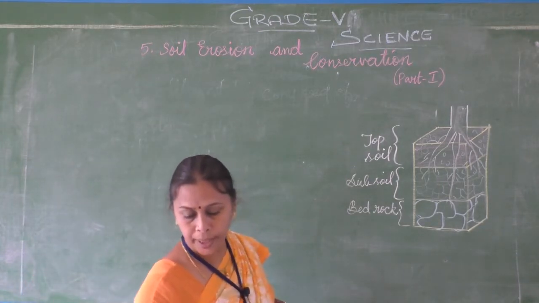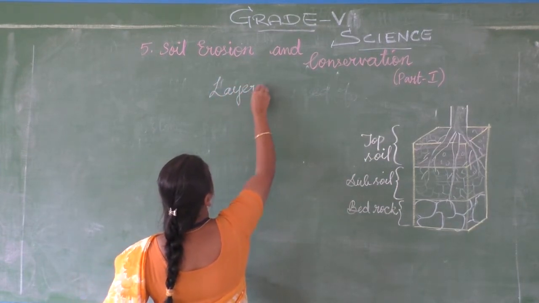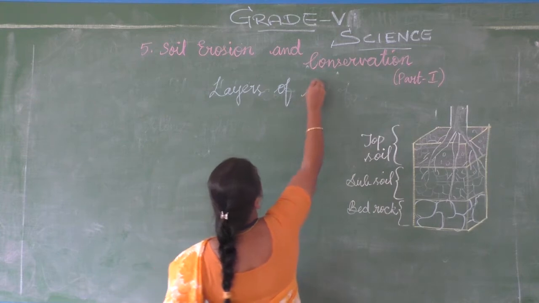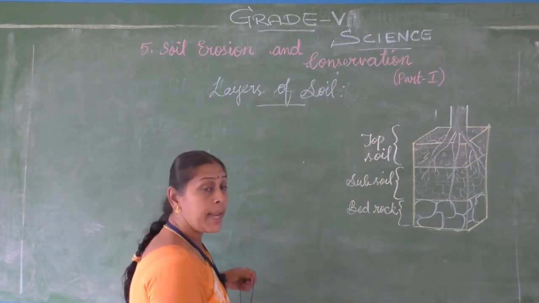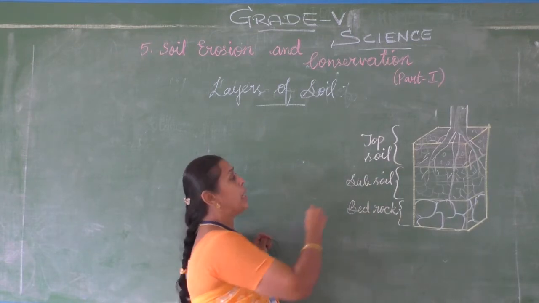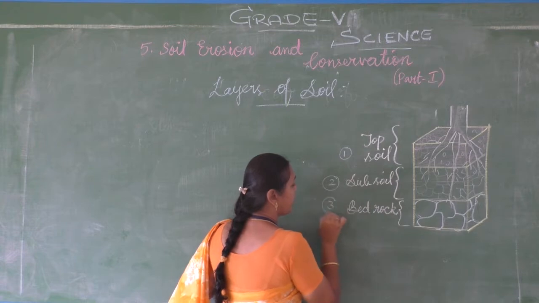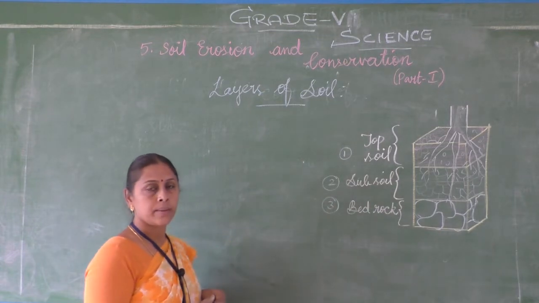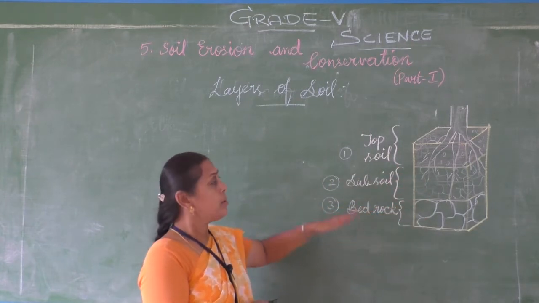The next topic. Layers of soil. In the layers of soil, 3 layers are there. Topsoil, subsoil, third one, bedrock. These are the 3 layers of soil.